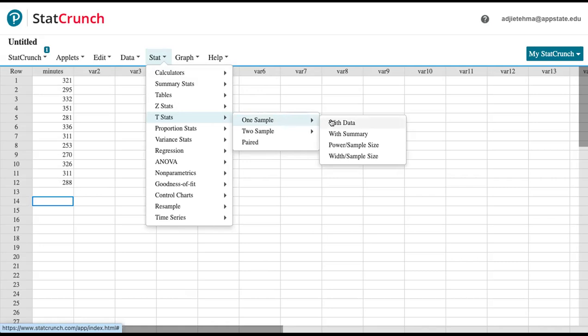So one sample with data. Is that okay? So to compute the confidence interval for this, we go to stats, T stats, one sample with data. Is that okay? Good.